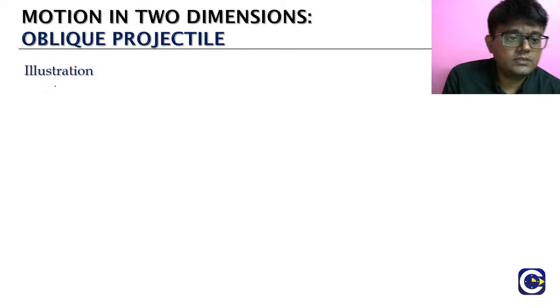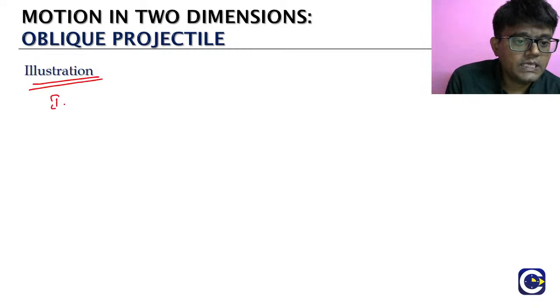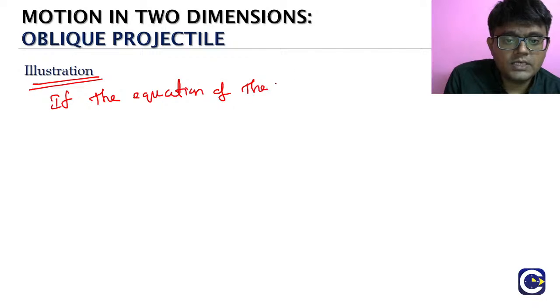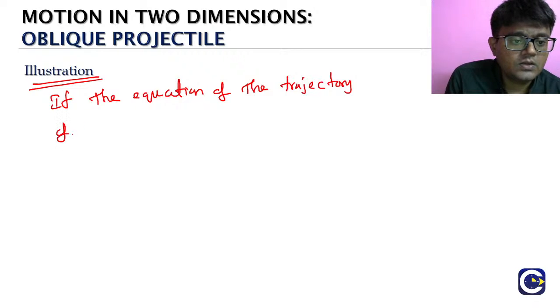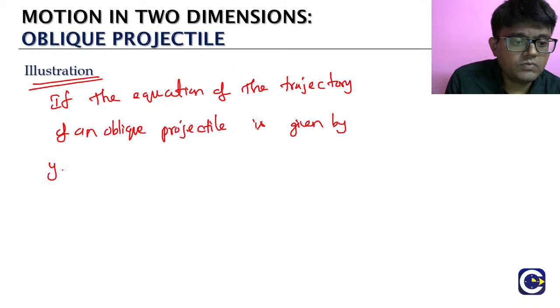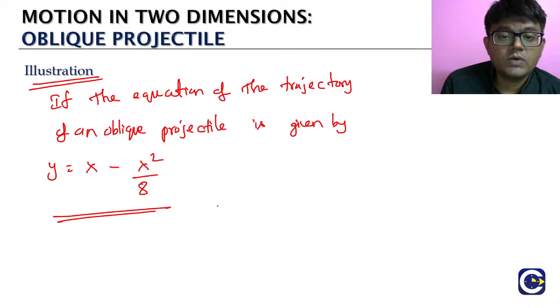Look at this illustration question. If the equation of the trajectory of an oblique projectile is given by y is equal to x minus x square by 8, what is the equation? y is equal to x minus x square by 8.